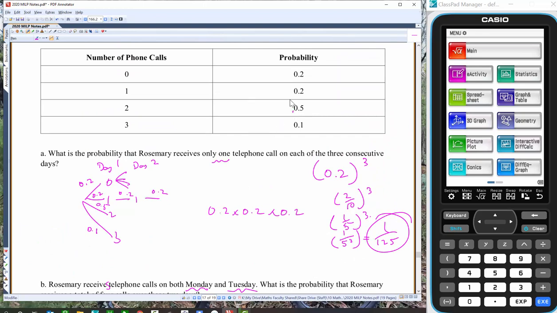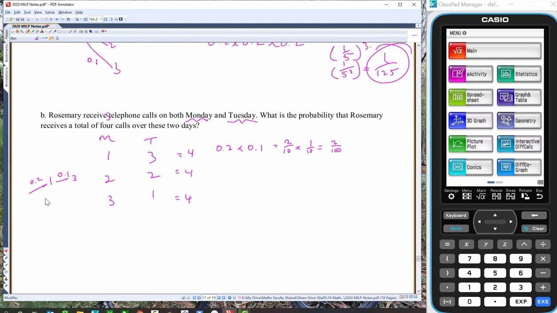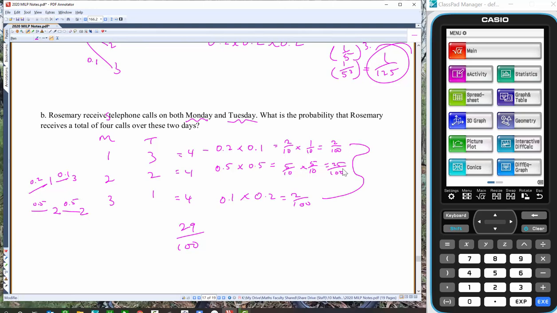That's going to be 0.5 times 0.5, because in the tree diagram we'd have a 2, which is 0.5, followed by a 2, which is 0.5. 5 over 10 times 5 over 10 is 25 on 100. A 3 and a 1 is just the reverse of the first one, so that's 0.1 times 0.2, which is 2 on 100. So the answer looks to be 29 over 100 when I add these together.